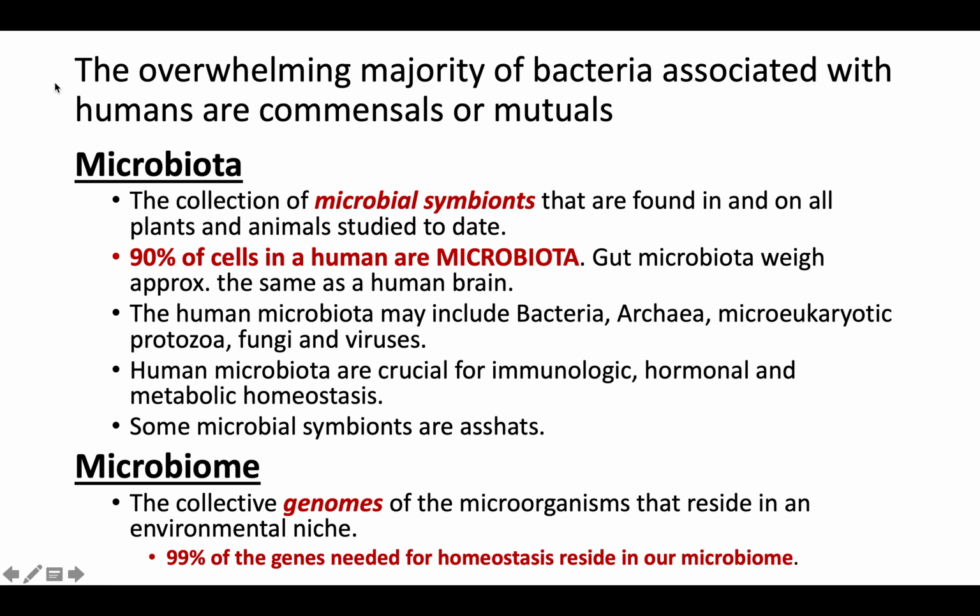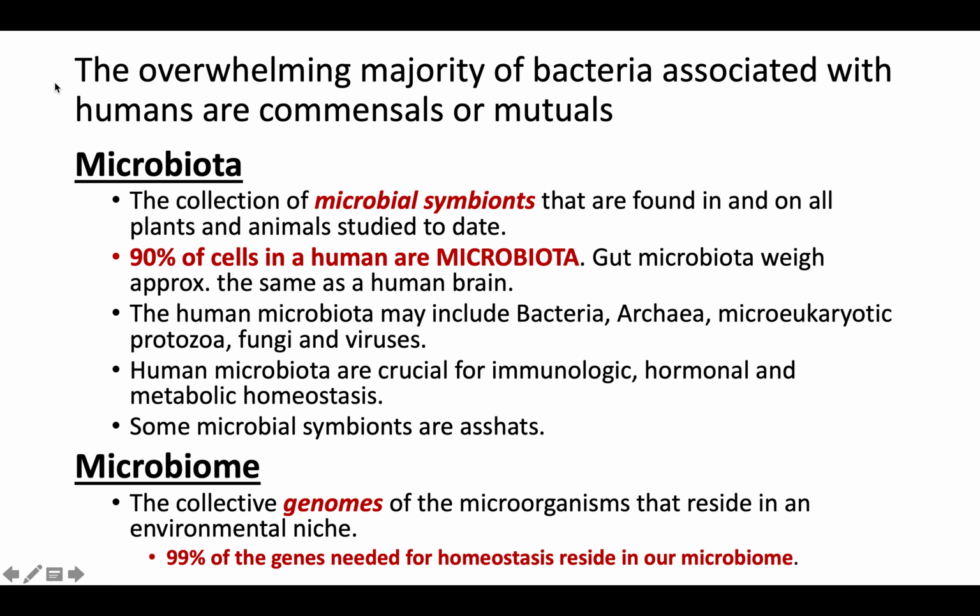And of course, that includes bacteria, archaea, also protozoa and fungi and viruses. So when I talk about microbiota, I am not just talking about bacteria. But of course, that's what we concentrate on because it is microbiology, and we do concentrate on bacteria in this unit.